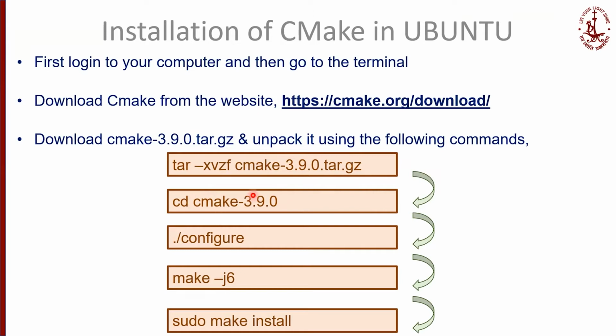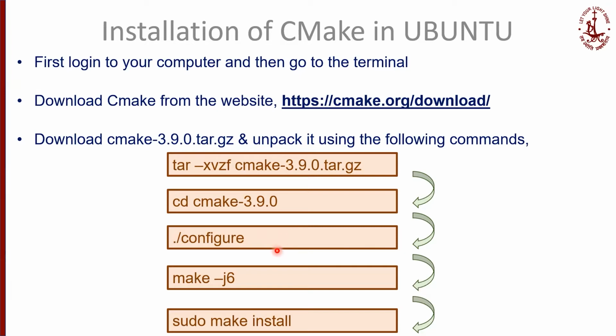Then you have to make a folder for CMake. So what you do, you go to that folder where it has extracted all the files, cd space CMake 3.9.0. Inside that folder, you have to type out ./configure. So it will start configuring the CMake folder. Once it is configured, you have to make sure it is installed properly.